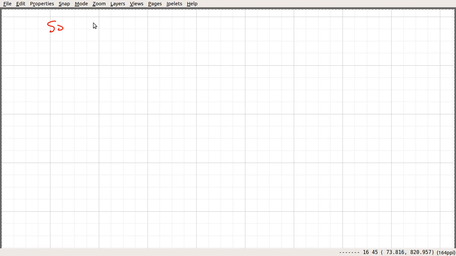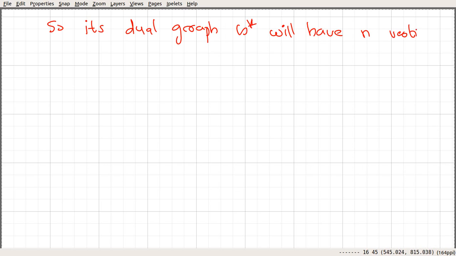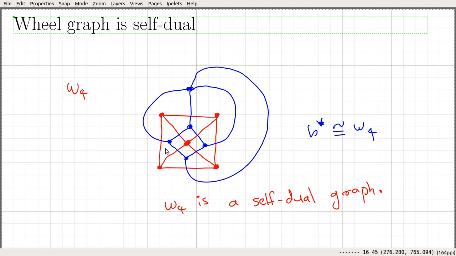So if you look at its dual graph G dash, it will have n vertices forming a cycle, and that cycle corresponds to these internal edges.